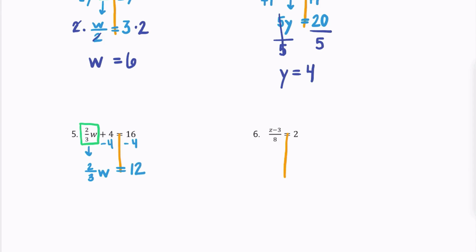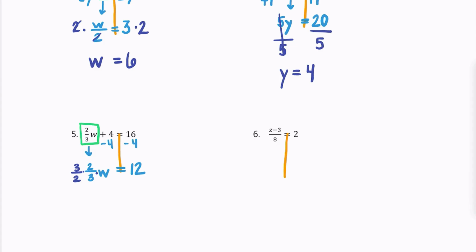Now we're left with a fraction, 2/3 times w. So whenever we have a fraction multiplied by a variable, to get rid of that fraction, we multiply by the reciprocal. So I can cancel out that 2/3 by multiplying by 3/2. The reciprocal is when you flip the numerator and denominator.